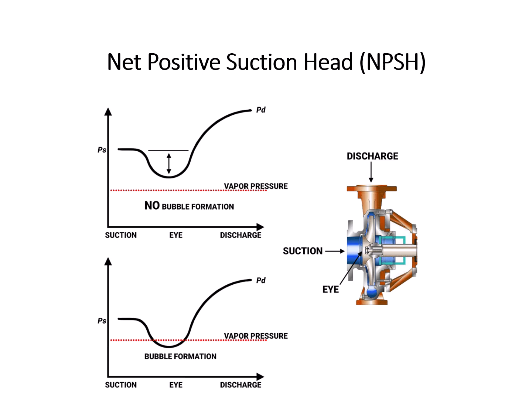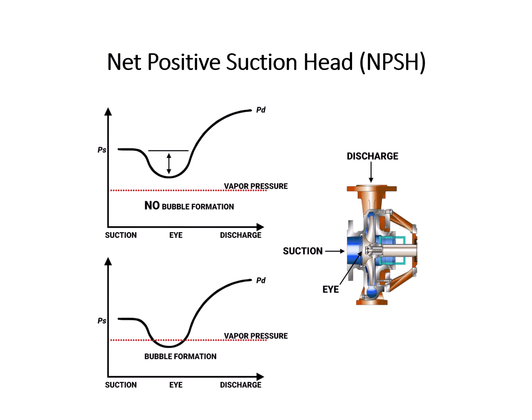Here we have positive suction pressure at the inlet of the pump. Then there is a reduction in pressure due to the suction until it reaches a minimum at the eye of the pump, then it starts increasing at the discharge level.